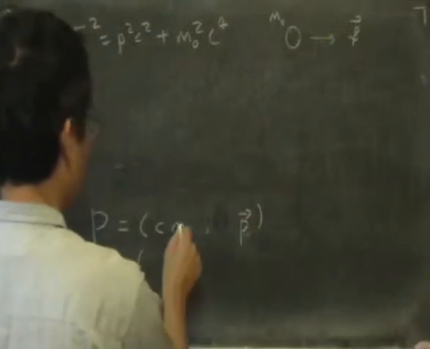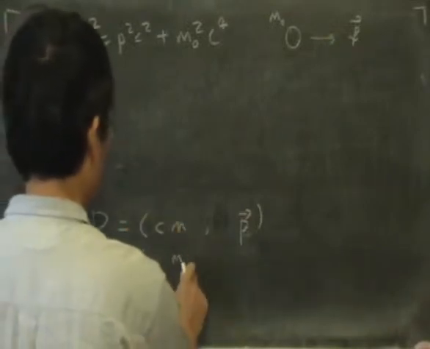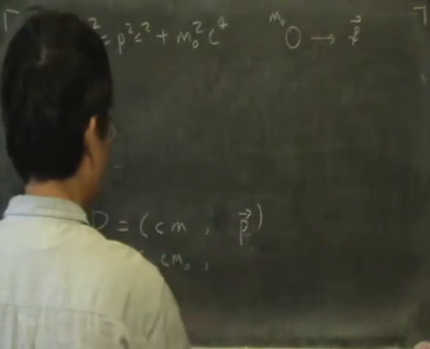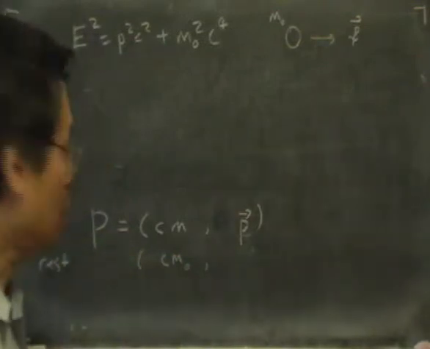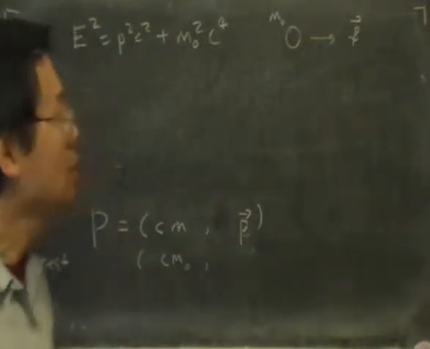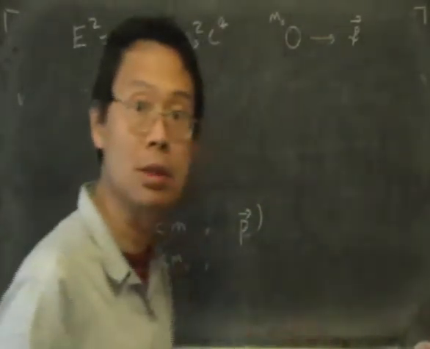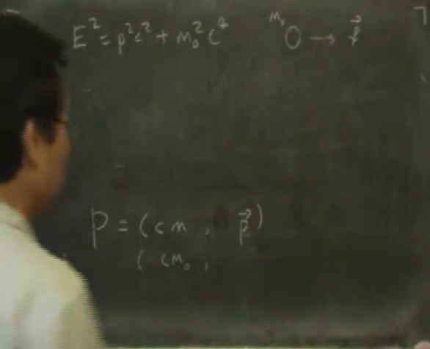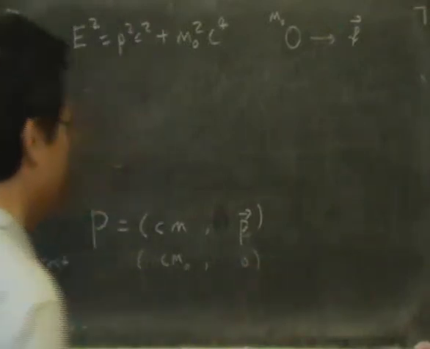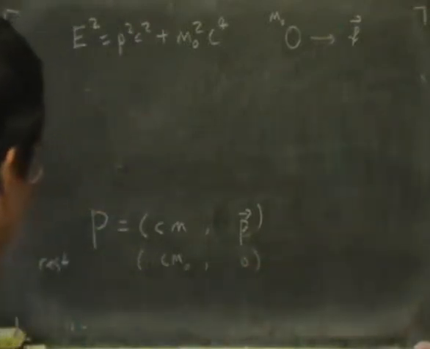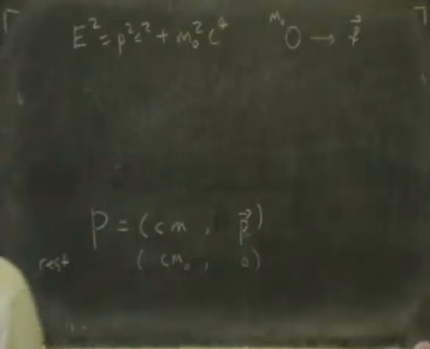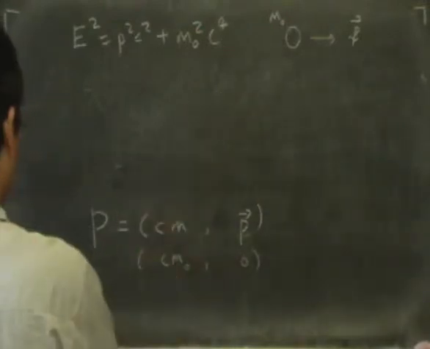In the rest frame, the mass M is just the rest mass. And in the rest frame, meaning the frame where we are moving with the body so that it is at rest, the momentum is 0. Okay, that's simple.